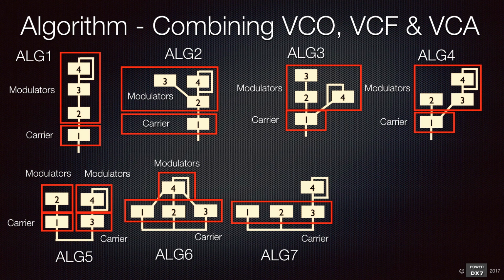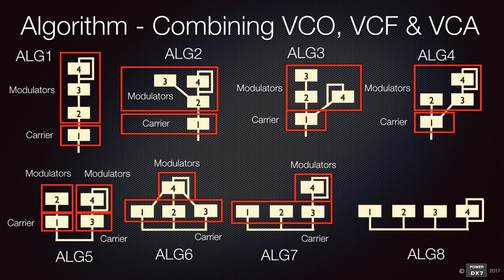Their envelopes act like VCA envelopes, controlling the overall volume. There is also an independent tower with a carrier operator 3 acting like VCA and the modulator operator 4 acting like VCF. Algorithm 8 has only carrier operators 1, 2, 3, and 4.